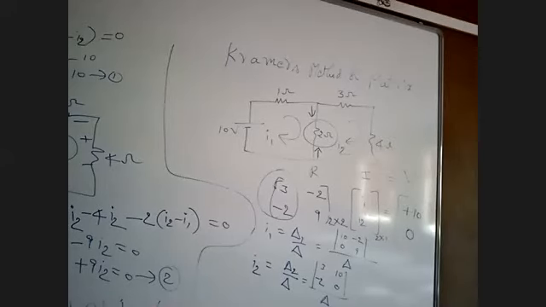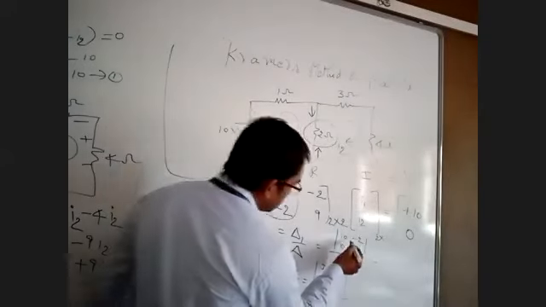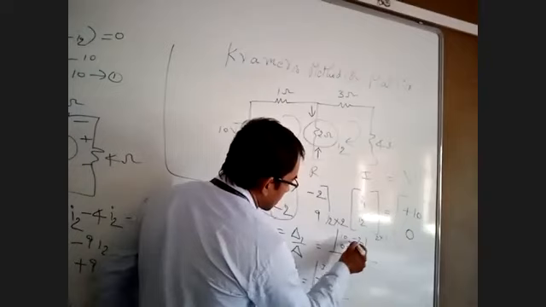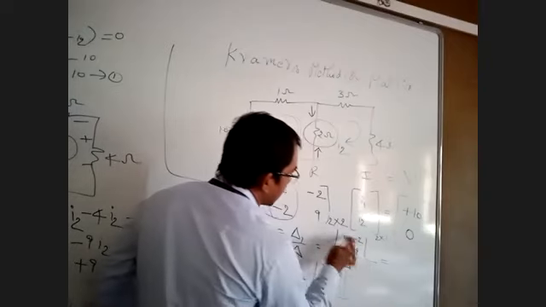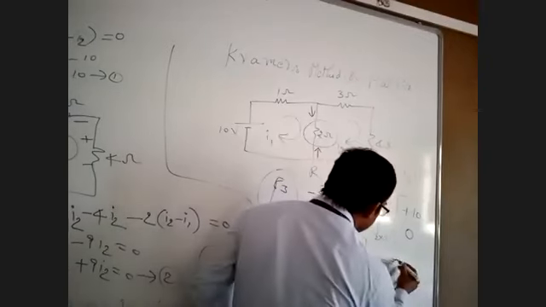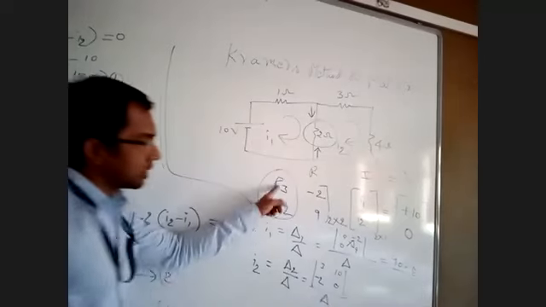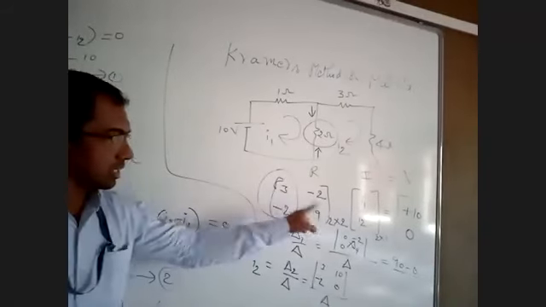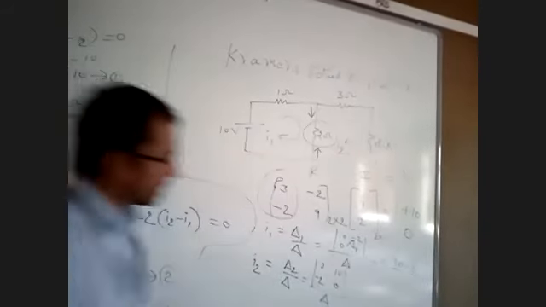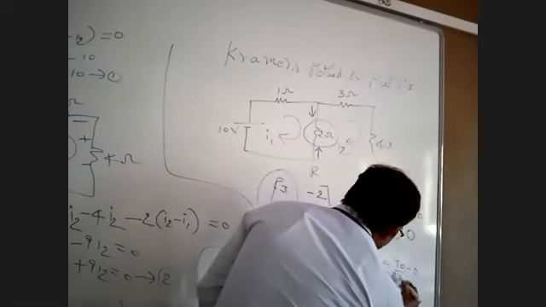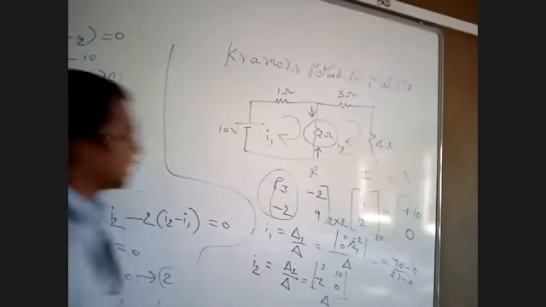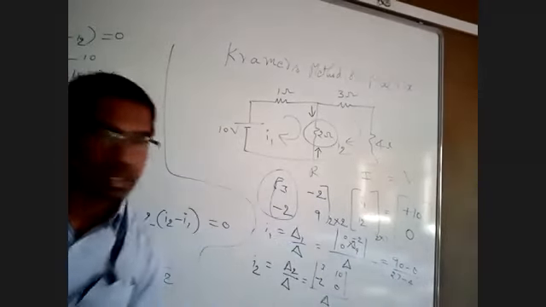Now determine the determinant. Ten into 9, 90 minus 0. What is the determinant of this matrix? 3 into 9, 9 into 3, 27, minus 4. Minus of minus plus again minus is there.